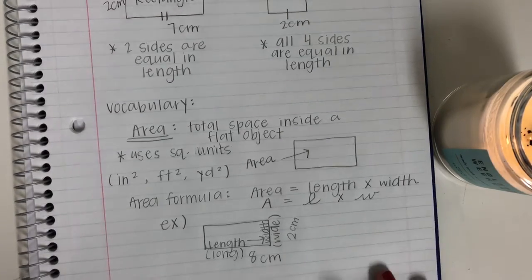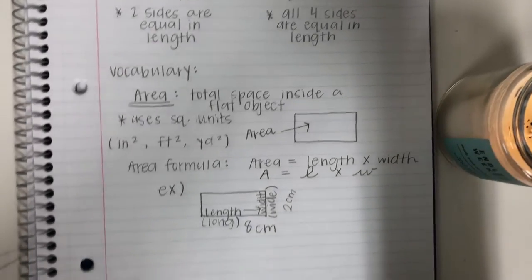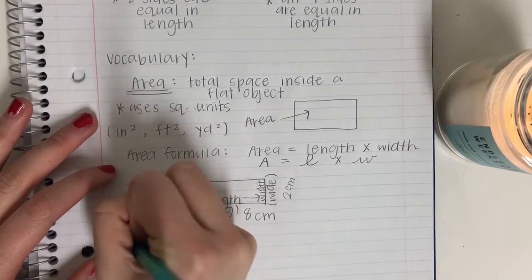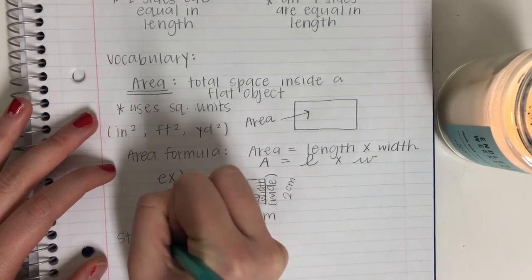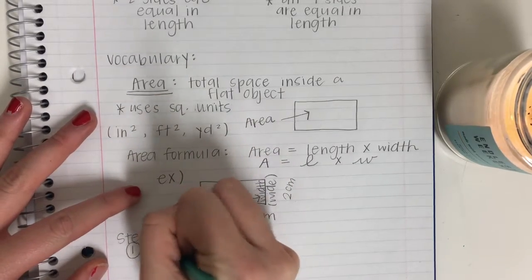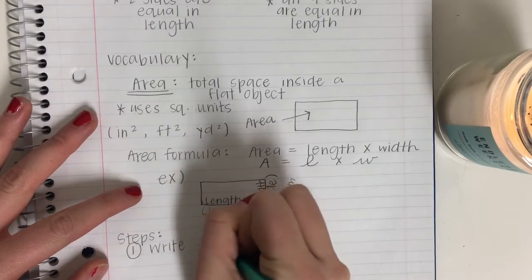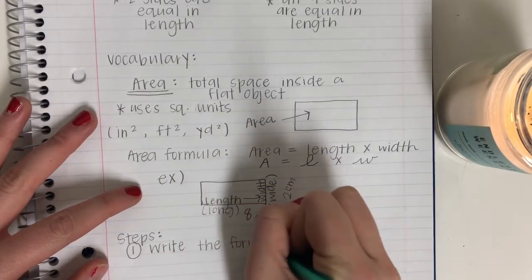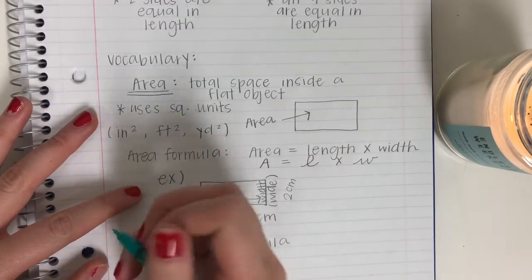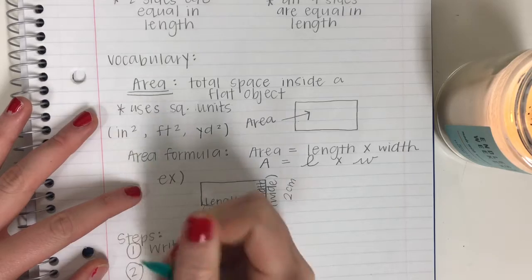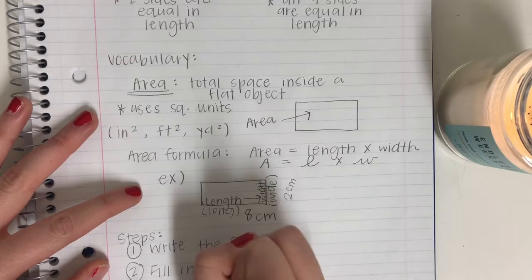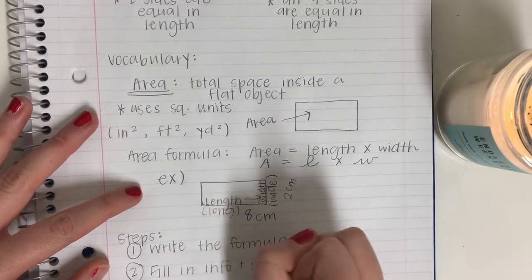Okay, let's put our steps here and then we'll turn and practice a few. So our steps to find the area are: step 1, write the formula. So we're going to write L times W, length times width. Step 2, fill in info and solve.